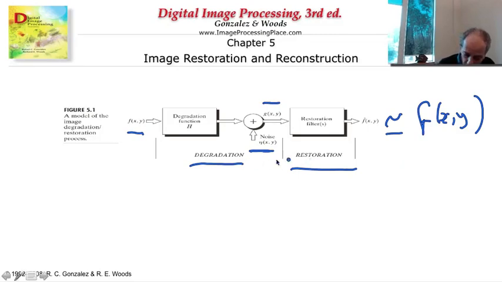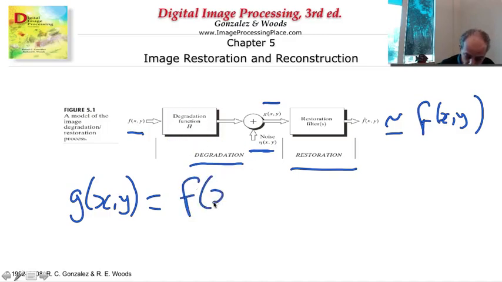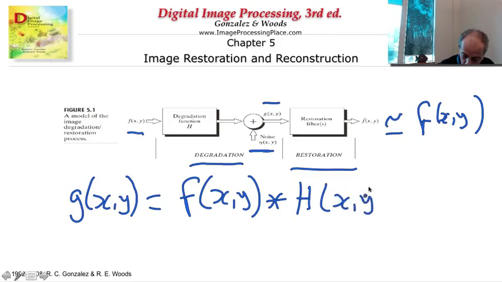So what's the model that we have here? How was G produced? G basically is the result of F going through the degradation. So we have f(x,y) convolved with h(x,y). That's the degradation model, and normally it's assumed that it's a linear operation, so it's a convolution, and we add to it the noise.